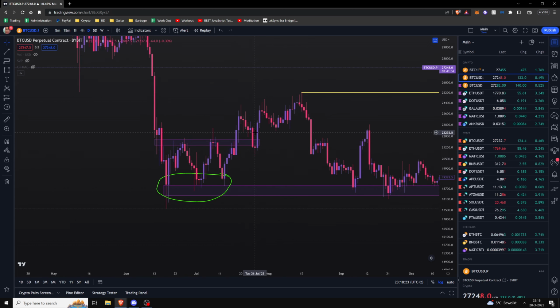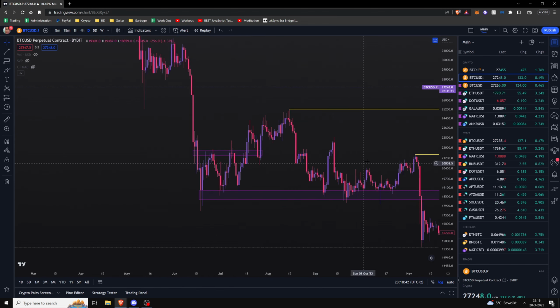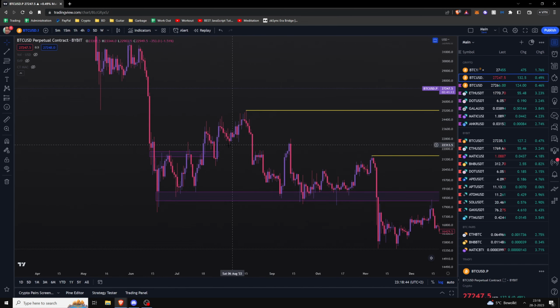So previous resistance becomes support. In this case, we had a resistance here from these highs, but we came above it, and then we came down to it, and we bounced off of it, and we continued back up. And this is how you'll always see the market moving between lines of support and resistance.